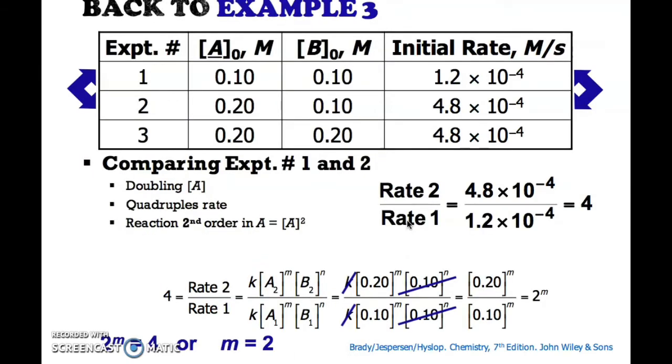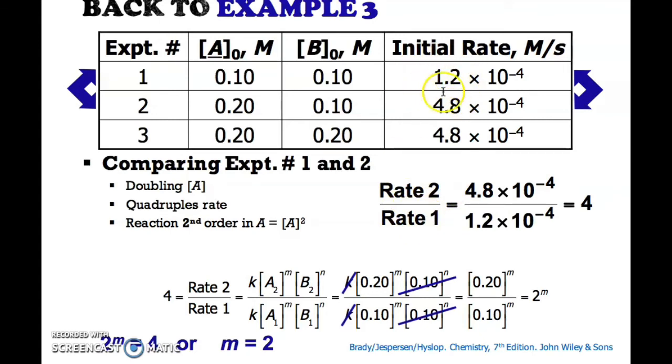Look at this example. This is experiments 1, 2, and 3, and this is the concentration, and this is the initial rate. Comparing experiments 1 and 2, look at this, for rate 2 you divide by rate 1.